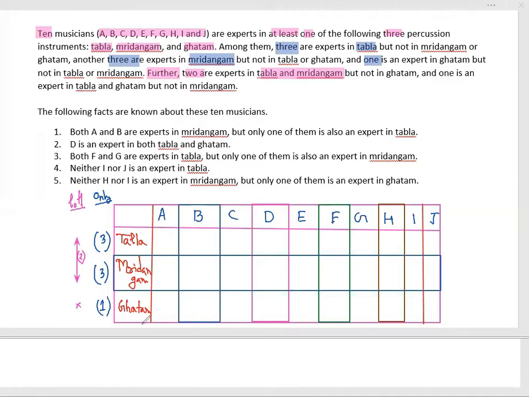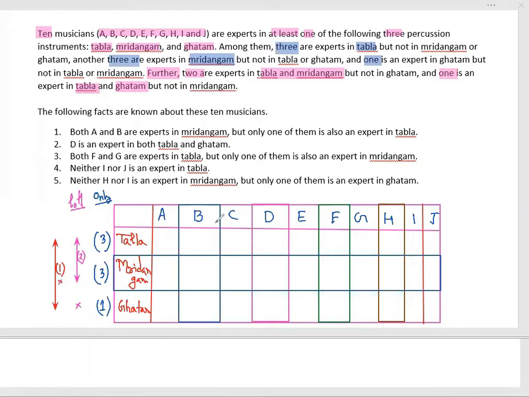Next information it has mentioned: 1 is an expert in tabla and ghatam. That means if I take the tabla and ghatam part, it should be 1, but at that time it is not mridangam.